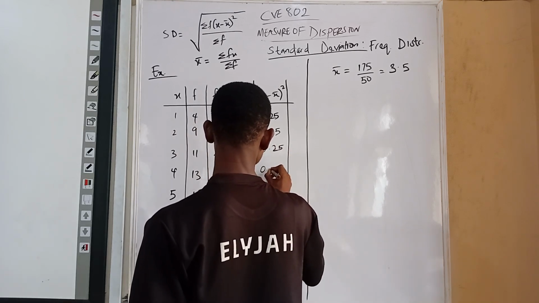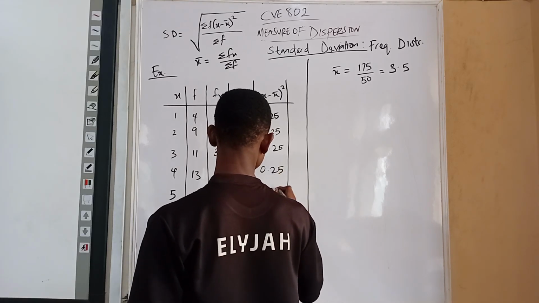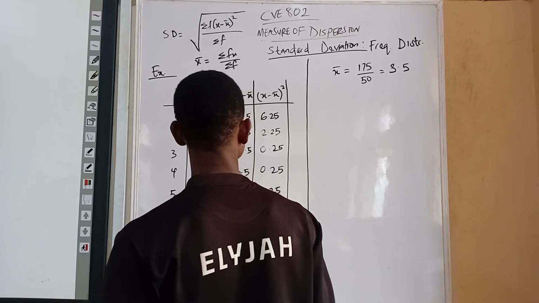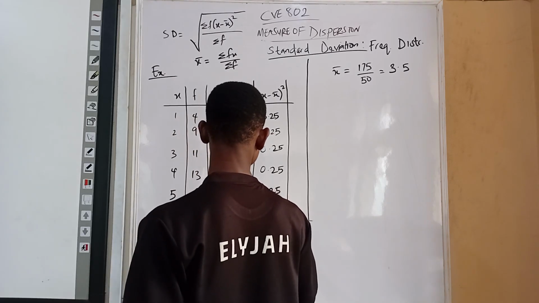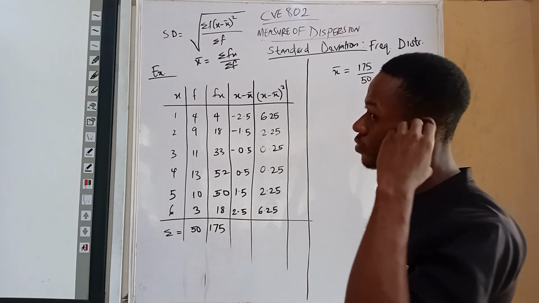This one is also 0.25. This one is 2.25. And this one is 6.25.